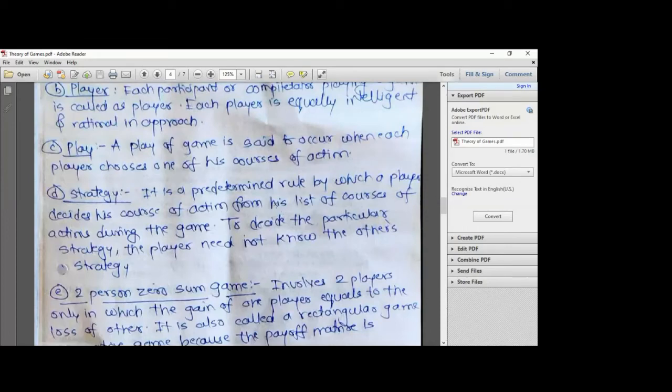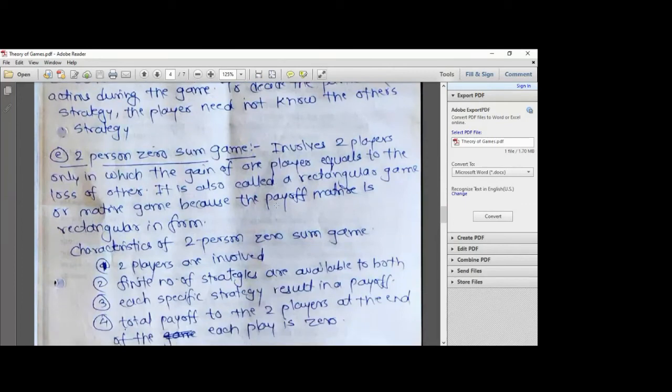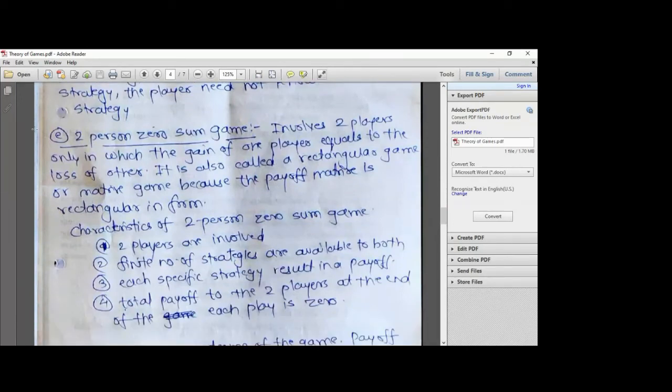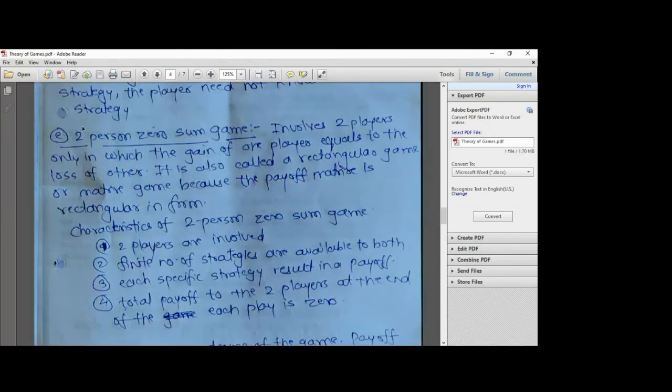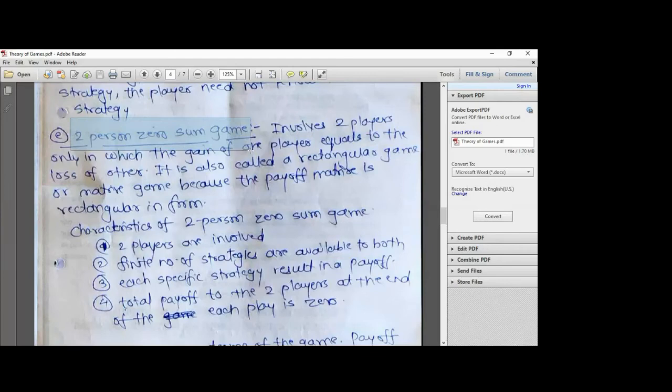Now, we have the next definition, which is a two-person zero-sum game, right? It is just an explanation where we have a two-person zero-sum game. We have already seen what a two-person game is, and what a zero-sum game is, and now we are going to combine these two terminologies.